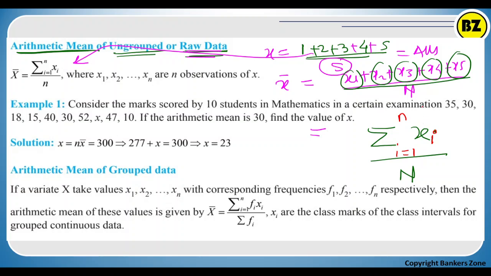It may be x1, x2, x3, x4; if n is 5, then it is up to 5. So in simple words, that formula is derived. Very simple. Don't worry if you are not from a math background, it is very easy.